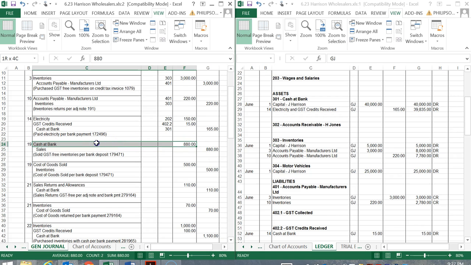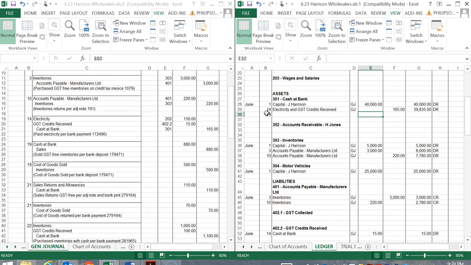Alrighty, here we've sold some GST free stuff. So we need to increase our bank account, $880. Our journal tells us $880 debit to the cash at bank account. Our previous balance is a debit, so therefore we add the debit to the debit, equals that plus the new debit.